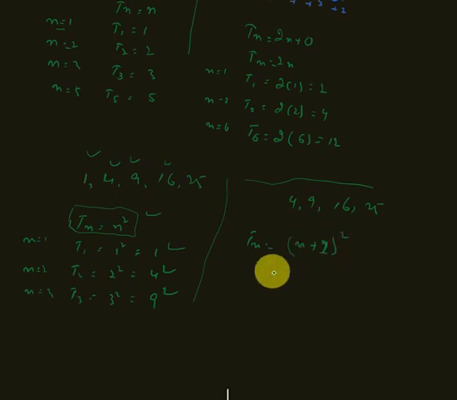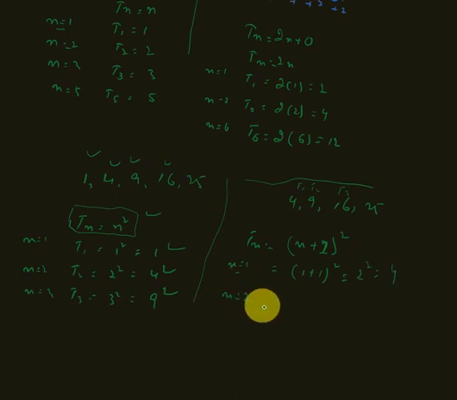So when n is equal to 1, term 1, term 2 and term 3. Term 1 becomes 1 plus 1 squared, it becomes 2 squared, which is 4. Term 1 is 4.